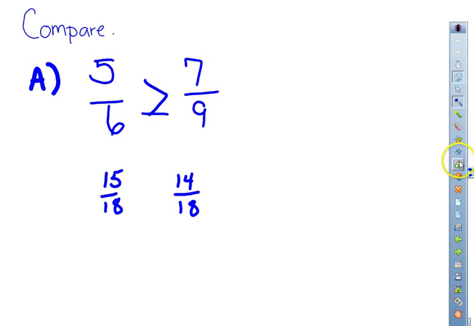So make certain you're simply using the less than, greater than, or equal to sign. This line right here is just simply you filling that blank in. This is not a greater than or equal to sign.